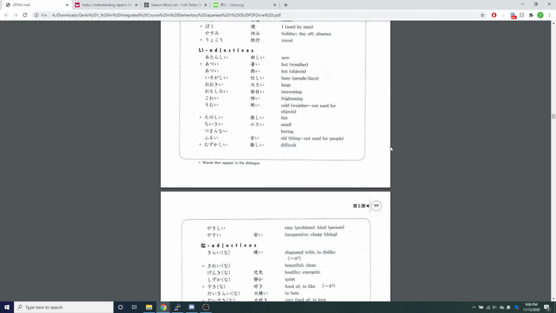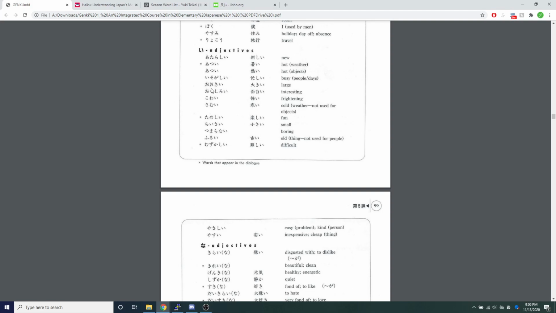Busy in terms of people or days is 忙しい. So we learned before how to use ちょっと meaning a little bit. So if somebody says 今日は休みですか, is today a day off? You say いいえ今日はちょっと忙しい, meaning no, today's a little bit busy actually. 大きい is large. This is one of those words that I would highly recommend emphasizing, that longer 大きい, right?